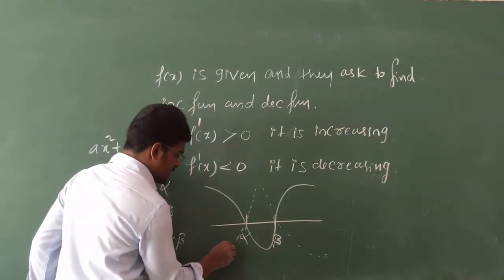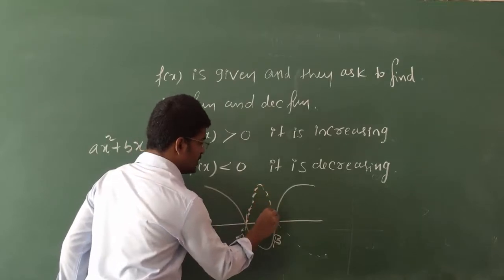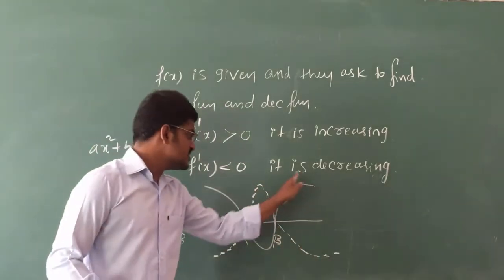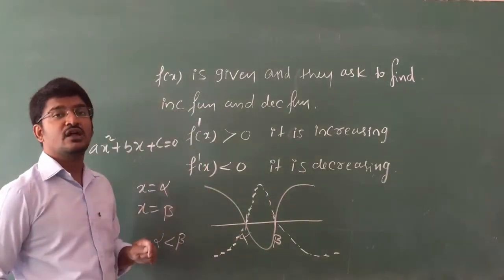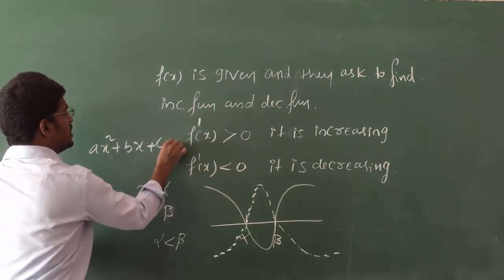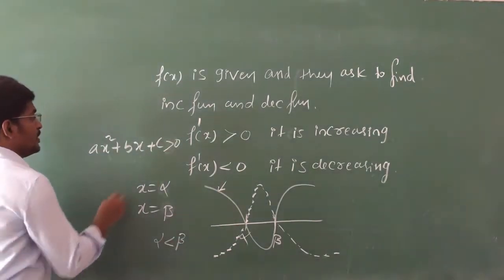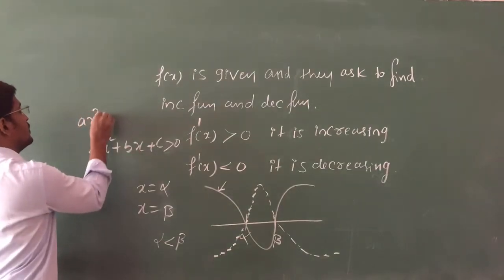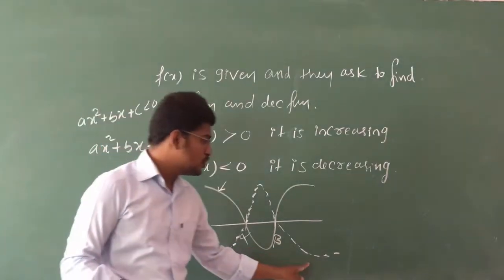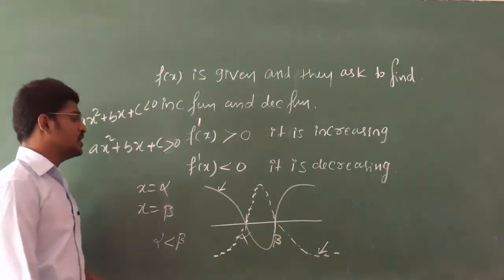So this is the negative function graph, and this will be the positive function graph. If this term is greater than 0, you have to go with a solid line. If this is lesser than 0, you should go with a dotted line. Are you getting my point?